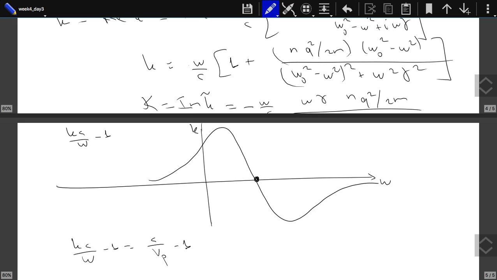So here we have all this region where kc over omega minus 1, which is nothing but c over the phase velocity minus 1, is less than 0. So in this frequency range, above the resonance frequency, the phase velocity is larger than the speed of light. Nevertheless, if you calculate the group velocity, you will find that it is still less than the speed of light.